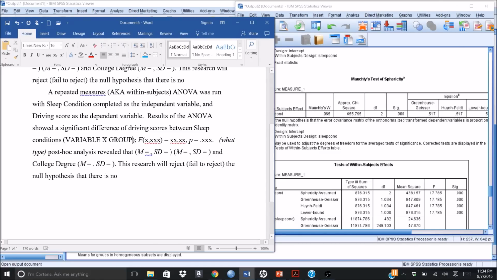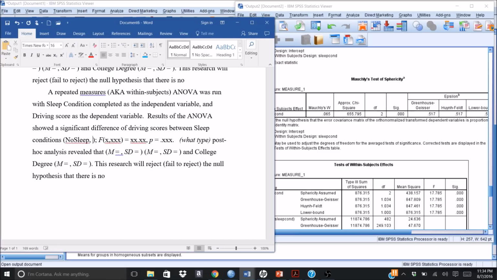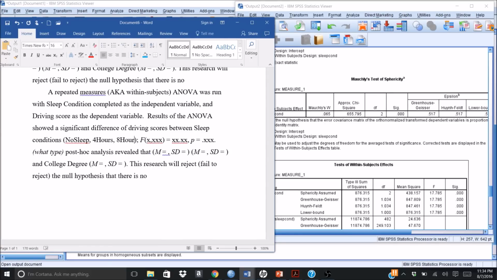And then I can label what my conditions are. And I'm going to put in here, we have no sleep, 4 hours, and 8 hours. And I can put my F statistic in here.